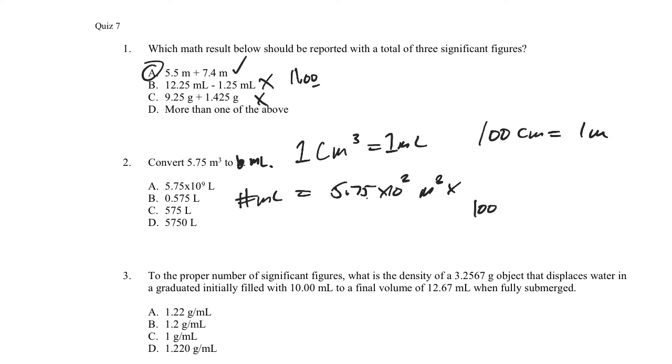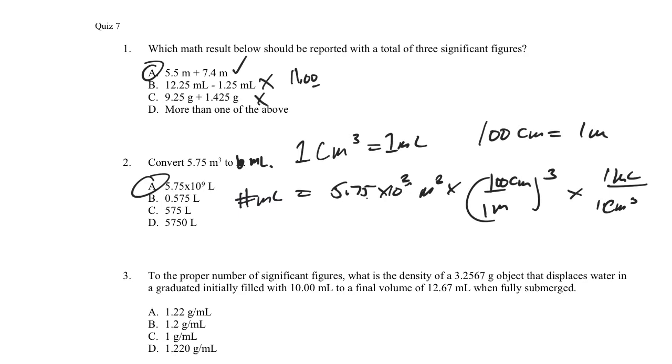I just use a meter. 1 meter is 100 centimeters. Cube that factor, and then use the cubic centimeter is a milliliter. And so that works out to be 5.75 times 10 to the 9.